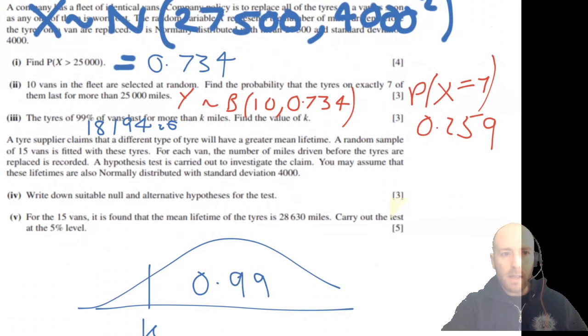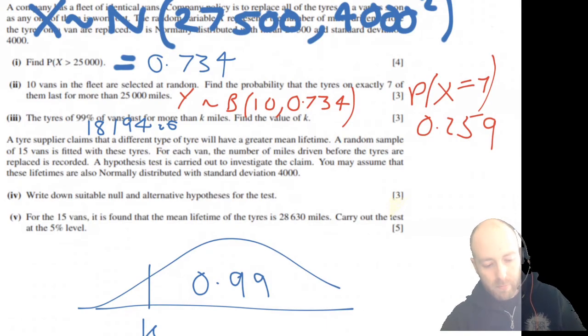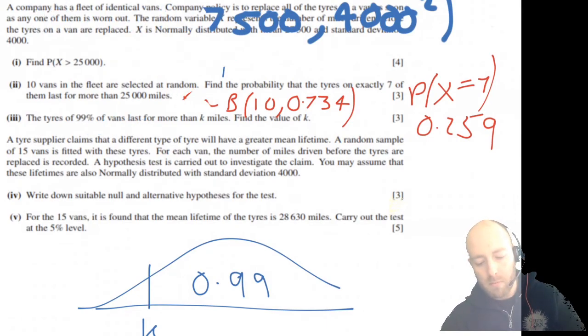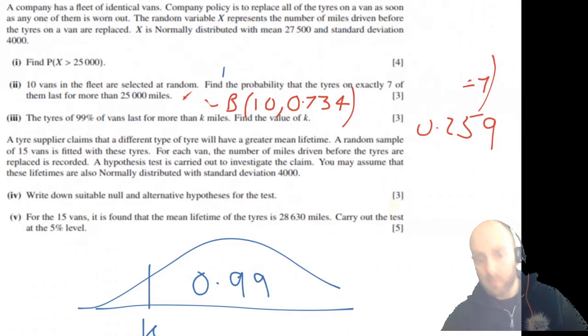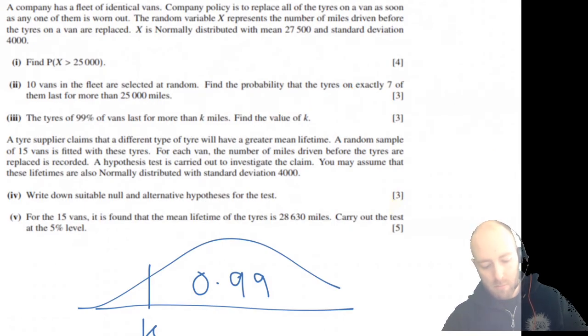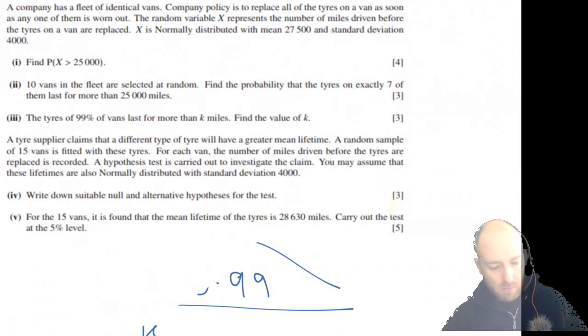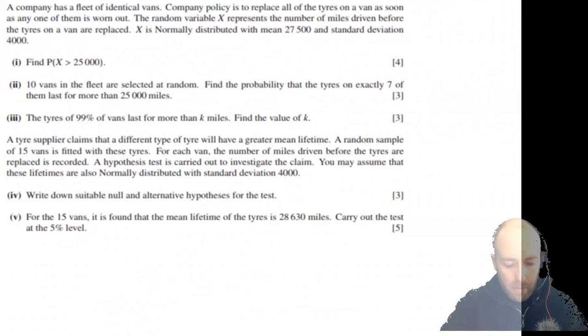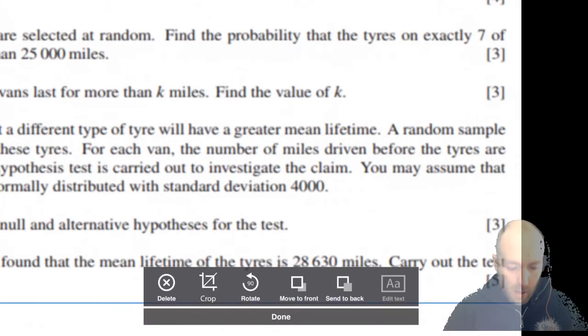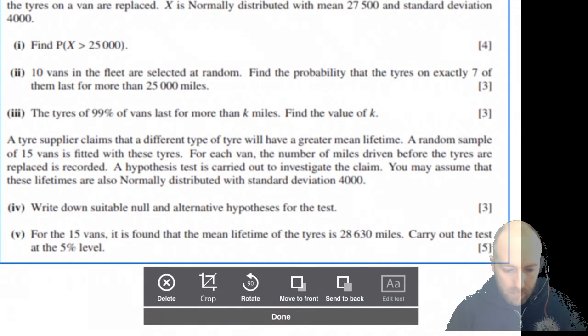Okay, so that's all the basic bits done. What we're going to look at now then is this hypothesis test. So if I clear the screen of everything so far, cool. I might make that slightly bigger as well. Okay, so we need to know the mean still, which is 27,500.